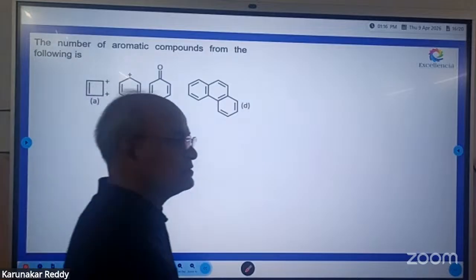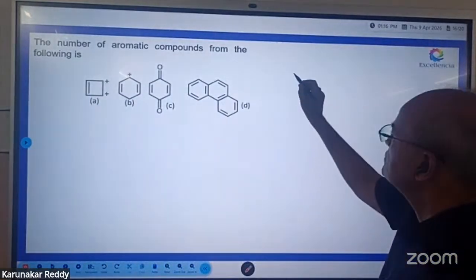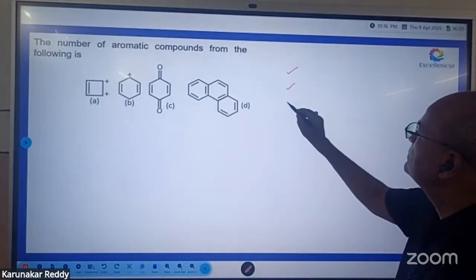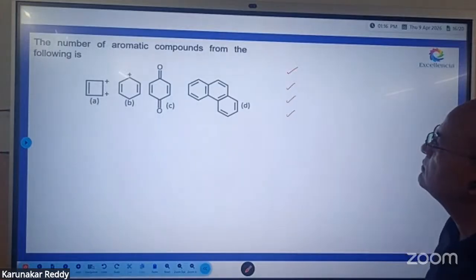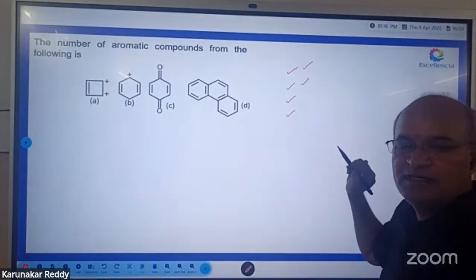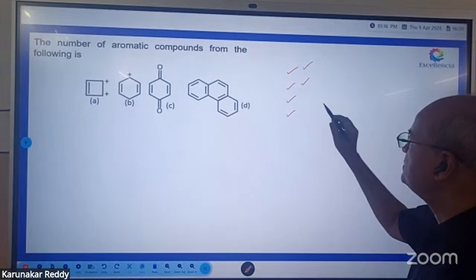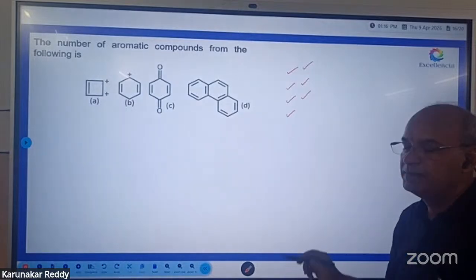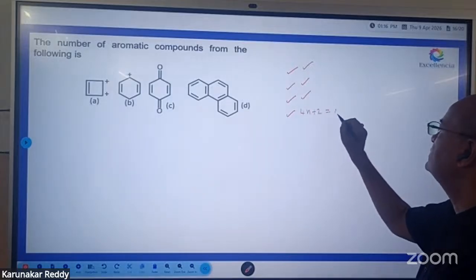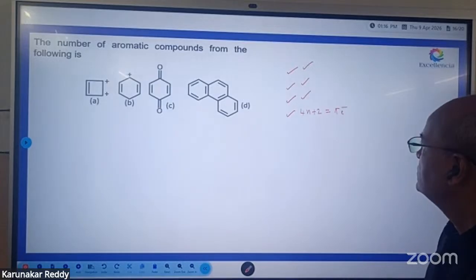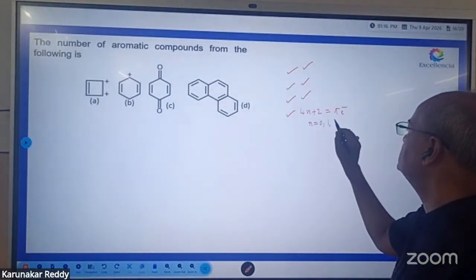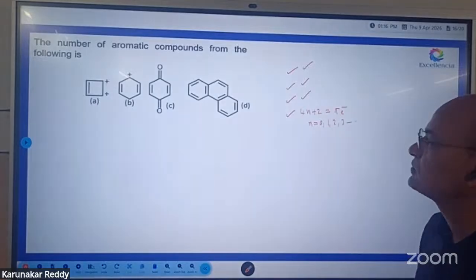Next, number of aromatic compounds from the following. To exhibit aromaticity, some set of rules are to be followed. First, it should have a cyclic structure, a flat structure, meaning planar, and delocalization should be there. And mainly, it should follow Huckel's rule, 4n plus 2 equals pi electrons, where n is 0, 1, 2, 3, and so on.